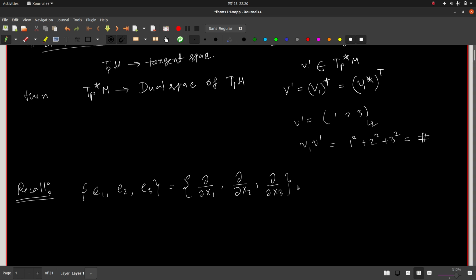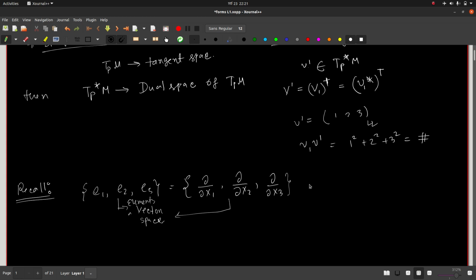So now the idea comes that since these are elements of vector spaces, how do you find the elements of these vectors onto the dual space?